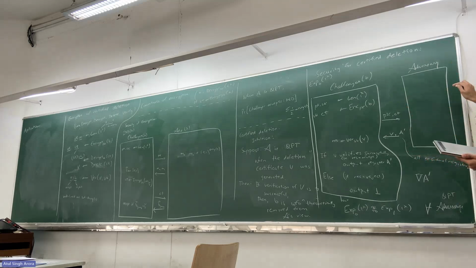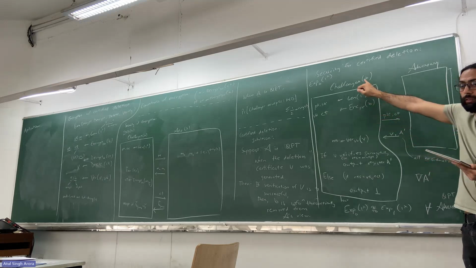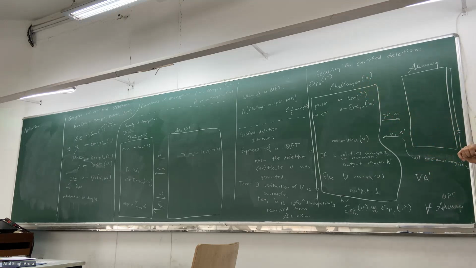Yeah. So what you should think of is as follows. Suppose the adversary until this point was QPT, and then after issuing the deletion certificate, it becomes unbounded. If you did not have deletion at all, then obviously when you become unbounded, from CT you could have recovered B. A prime doesn't even depend on B. He had the encryption and then he produced a deletion certificate.